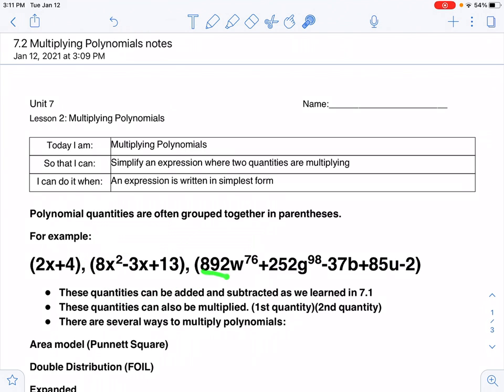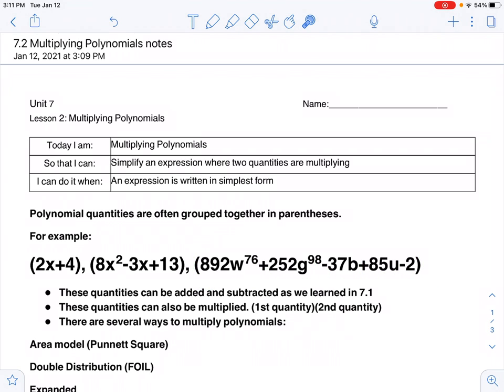So 892w to the 76th power, positive 252g to the 98th power, negative 37b, positive 85u, and negative 2. That's just a bunch of terms that are grouped together inside parentheses, okay?